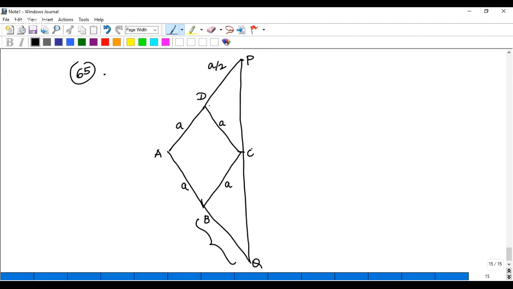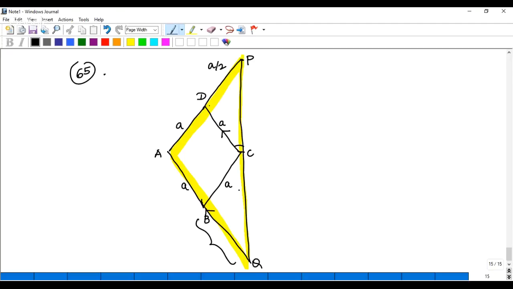So you can see that here we have two similar triangles. We have the total triangle PAQ, because this line is parallel to this line.